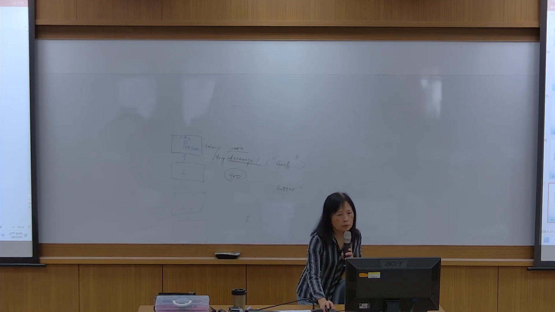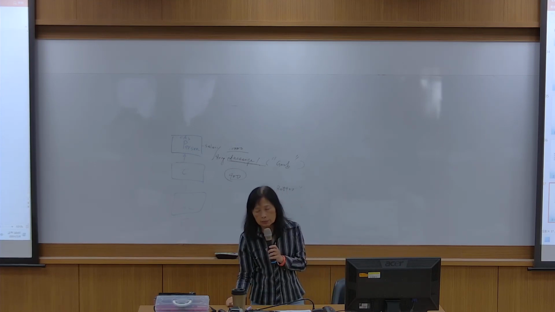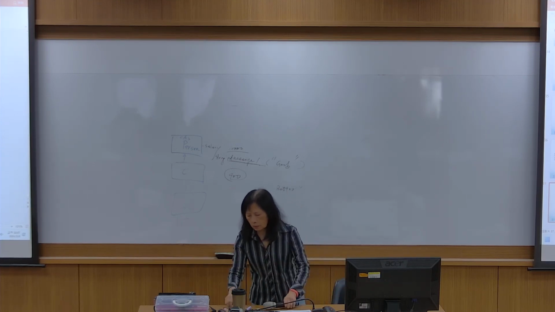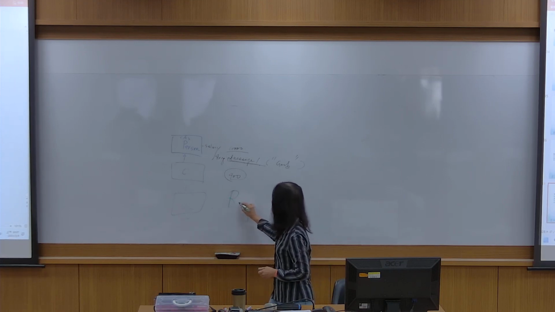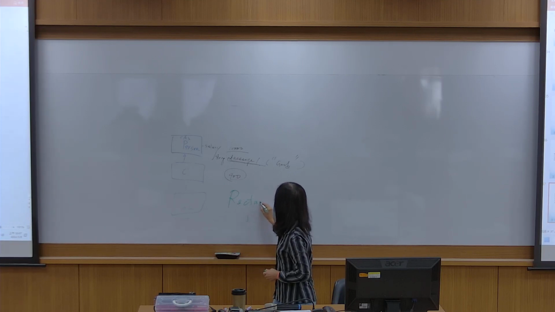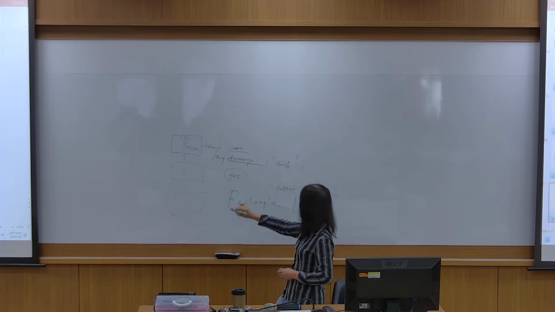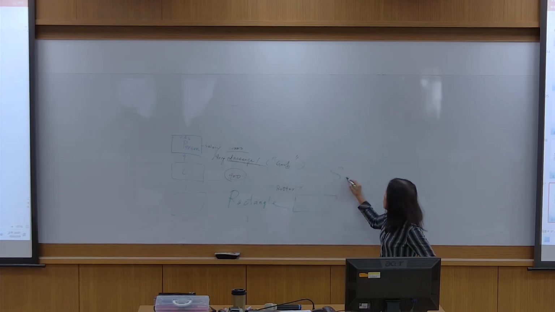So we have different shapes. Now the shape, we add a rectangle, right? Rectangle. So we have rectangle, we have square.